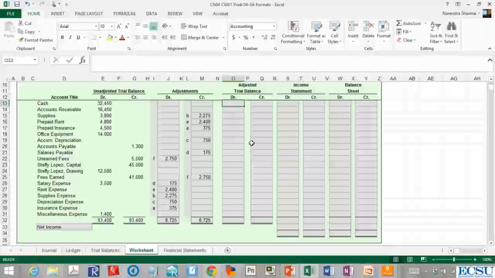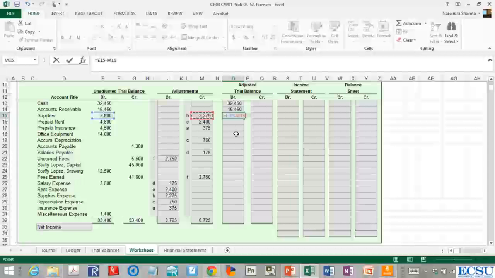Adjusted trial balance. Cash, there is no adjustment, so we'll just bring that, 32,450. Accounts receivable, no adjustment, 16,450. But supplies, there was a reduction in the supplies, so this is going to be 3,800 minus that, which will be 1,525.